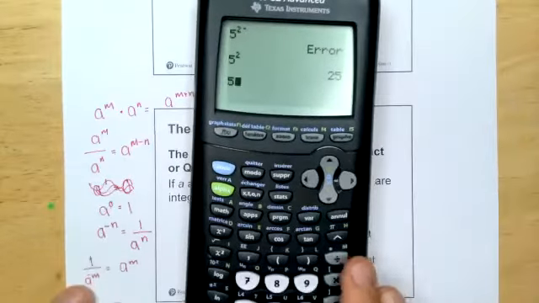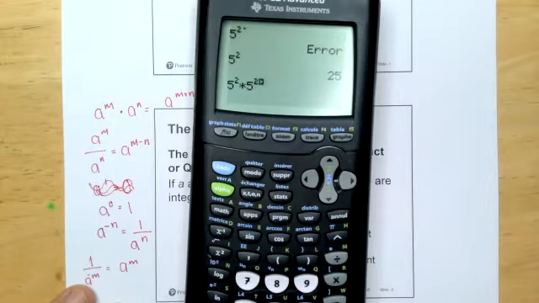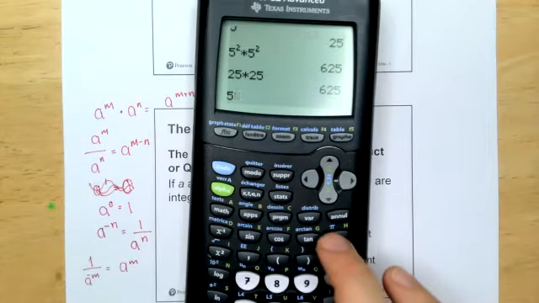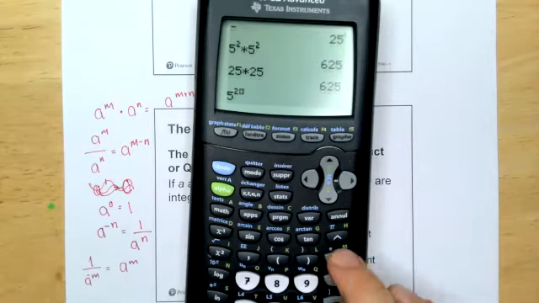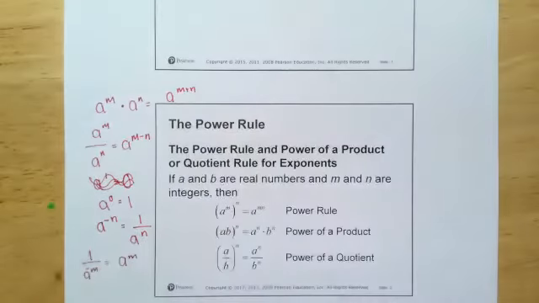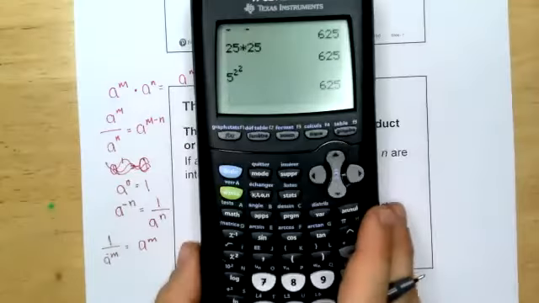So if I was going to say 5 squared times 5 squared, that's just 25 times 25, right? But if I say 5 raised to the power of 2 raised to the power of 2, well, 2 plus 2 and 2 times 2 are the same. That was the worst example ever to give.